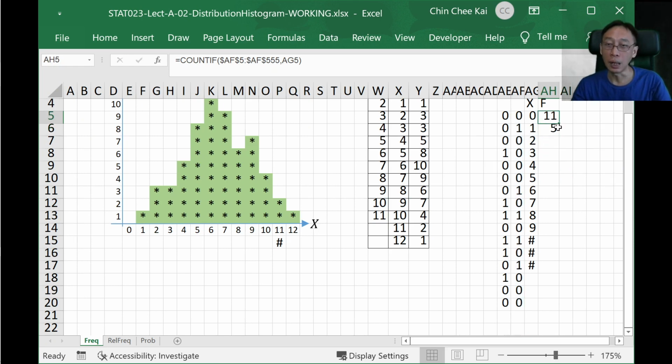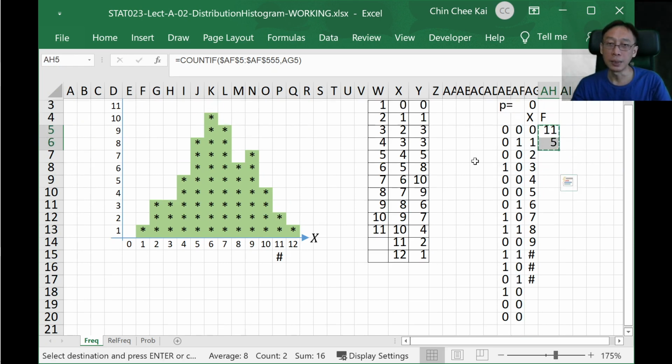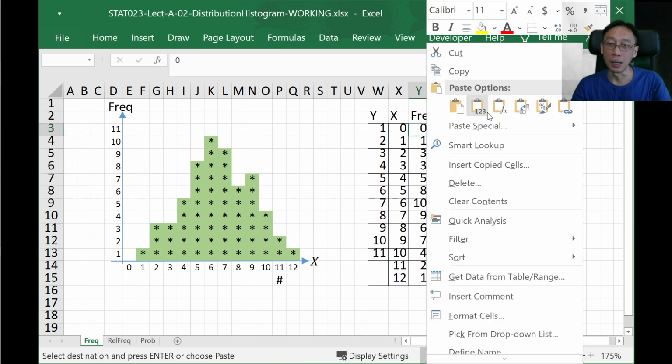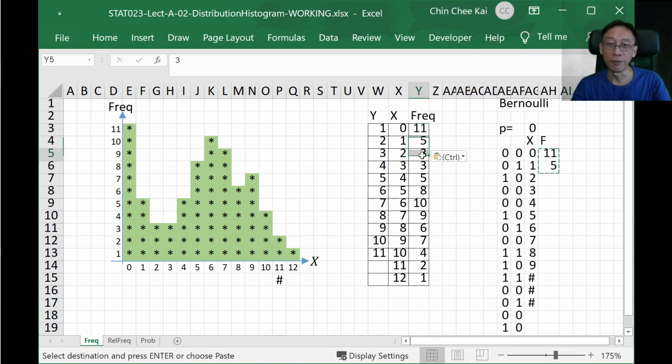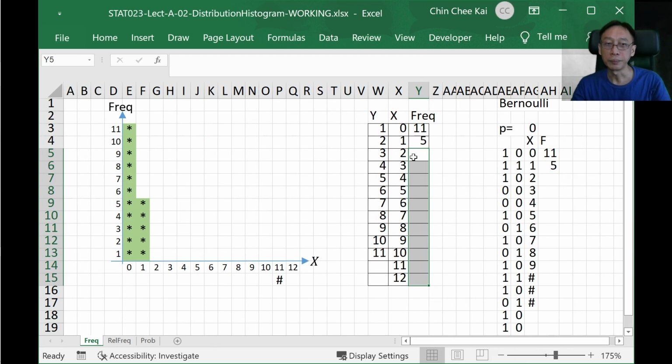So here I will paste 11 and 5 and erase the rest. And so here is my Bernoulli distribution, where 0 is 11 counts, and 1 is 5 counts.